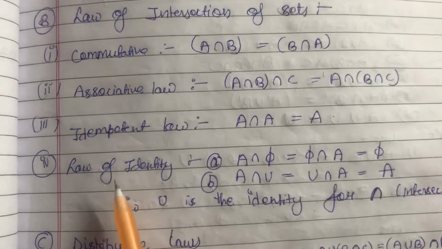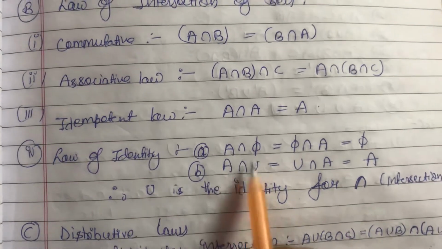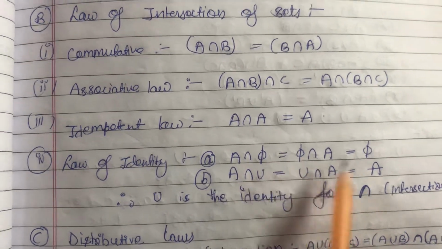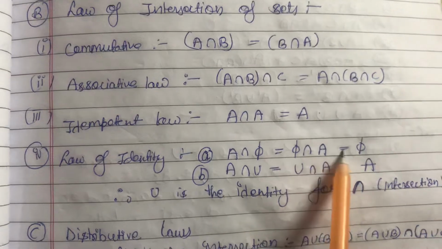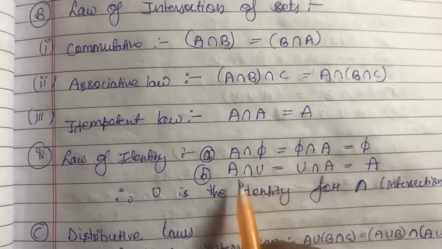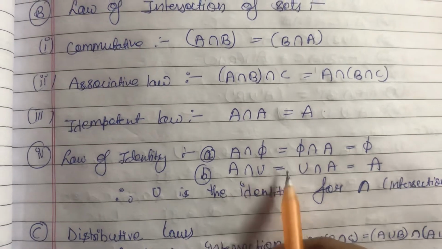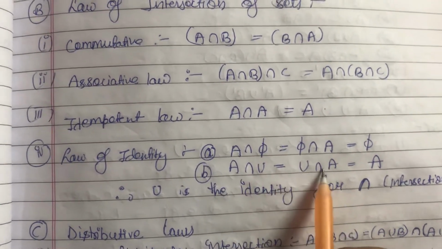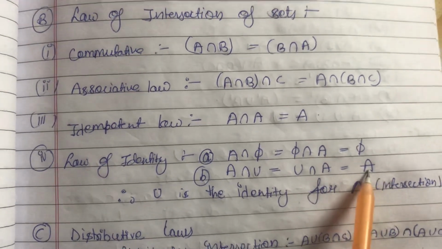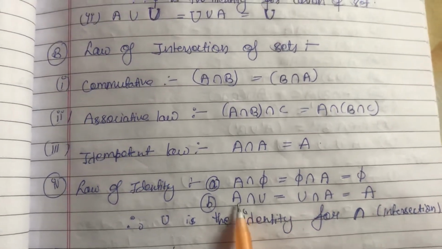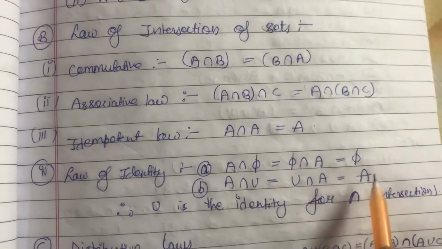And the fourth one is law of identity, which says that A intersection null set is equal to null set itself, or null set intersection A is equal to null set. And the second one is A intersection universal set is equal to universal set intersection A equals the set itself, A. That means if we find intersection of set A with universal set, the result is set A itself.